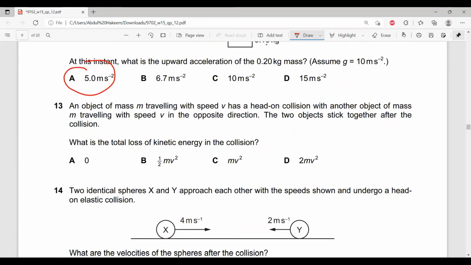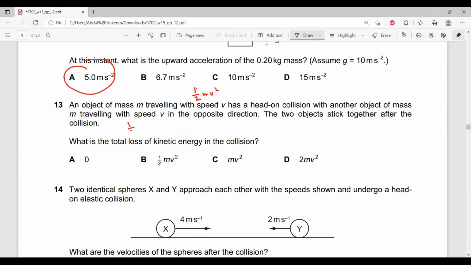An object of mass M traveling with speed V, so its kinetic energy is half mv squared. Collides with another object of the mass M traveling with the same speed, so 1 by 2 mv square. So the total kinetic energy becomes mv square before collision. The two objects stick after the collision. What is the total loss?